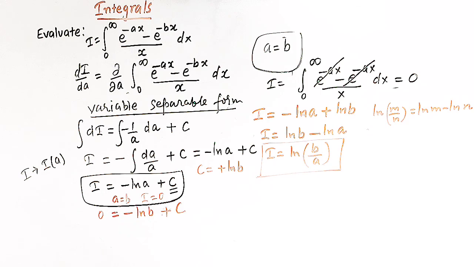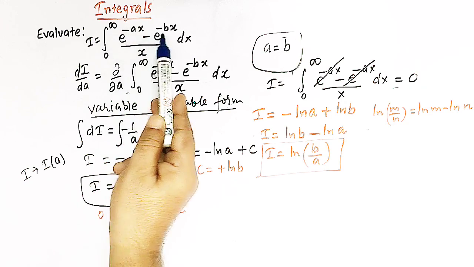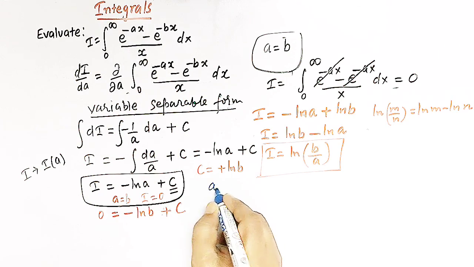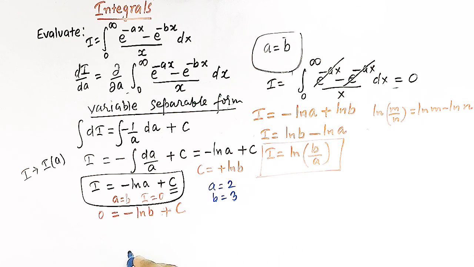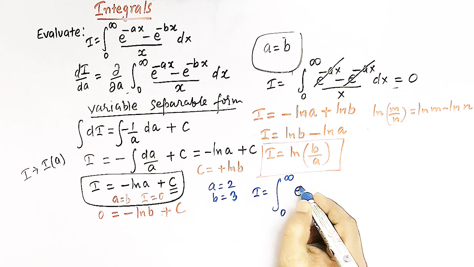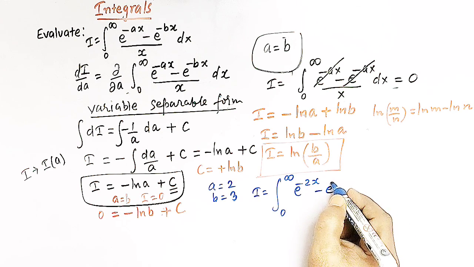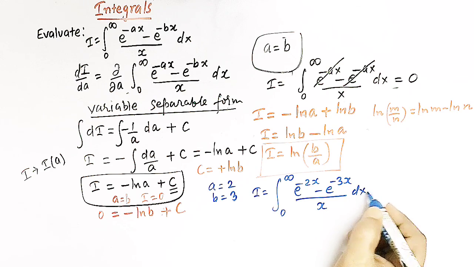Right, now here we can take one simple case by assigning particular values to a and b. Now see, if we take a is equal to say 2 and b is equal to 3, right? Then the integral I takes the form integral from 0 to infinity of e raised to minus 2x minus e raised to minus 3x over x dx, right?